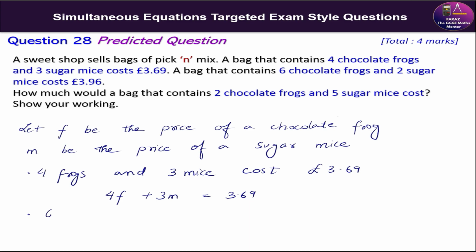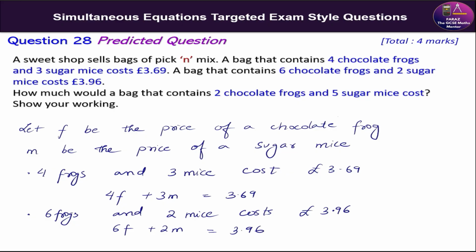6 frogs, 6 chocolate frogs and 2 sugar mice, 2 mice cost 3.96 pounds. So 6F plus 2M equals 3.96.